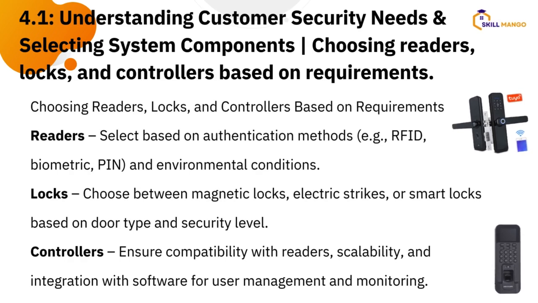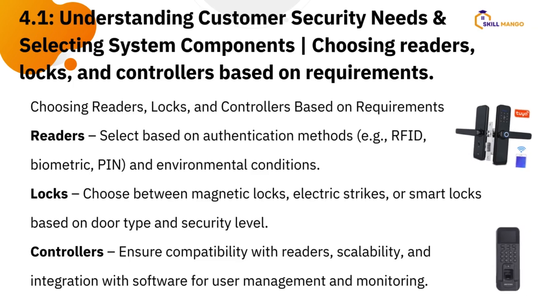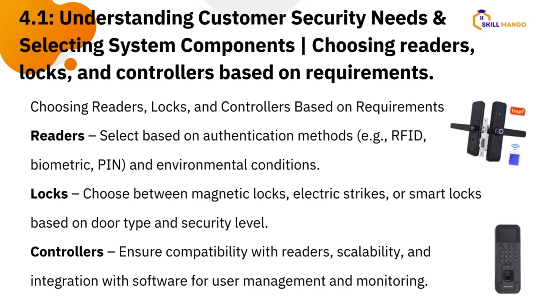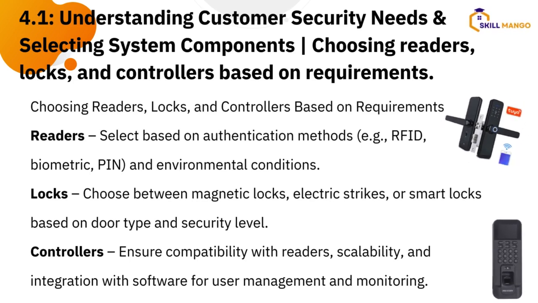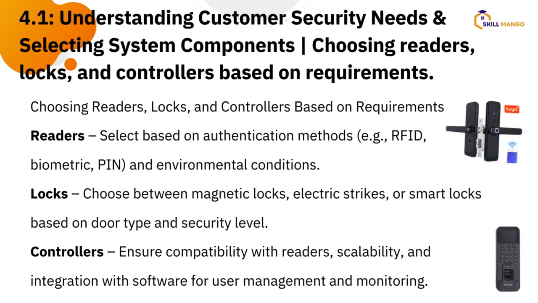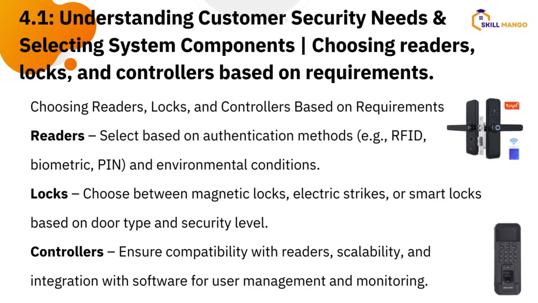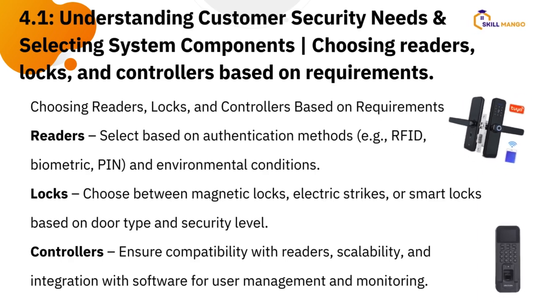Then if there is a power outage, it stays locked until they bring in the power or you power the backup or the backup system is working. All right. So you have to know all these options when you are designing your system for your customer, to know the right locks, the right readers to use, the right exit button, the contact and contactless, and the controller. These are very, very important when you are designing a system.